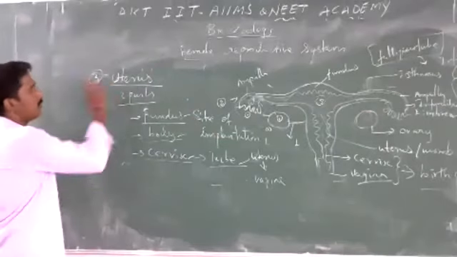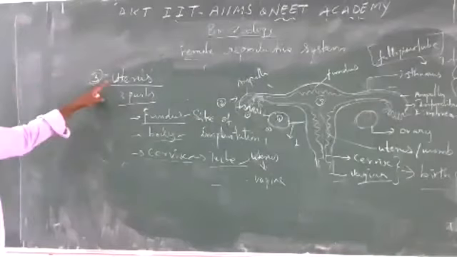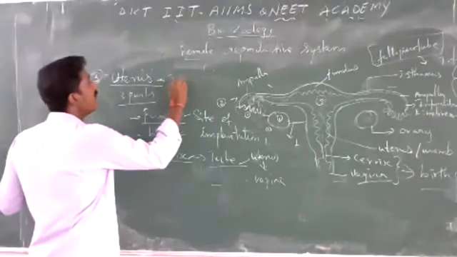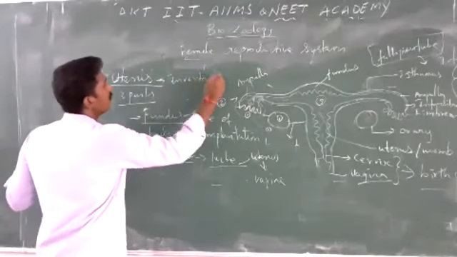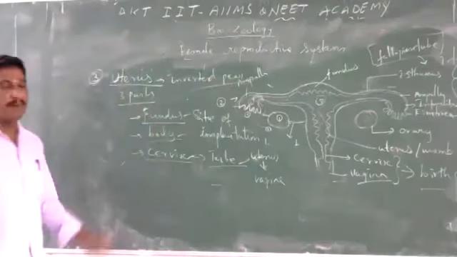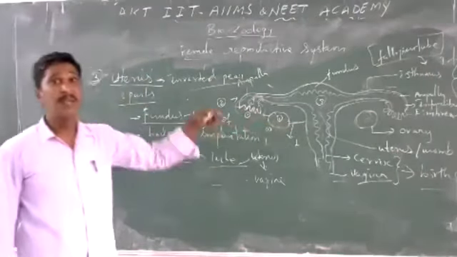The wall of the uterus and the shape of the uterus are important. The uterus shape looks like an inverted pear. The structure is an inverted pear shape.